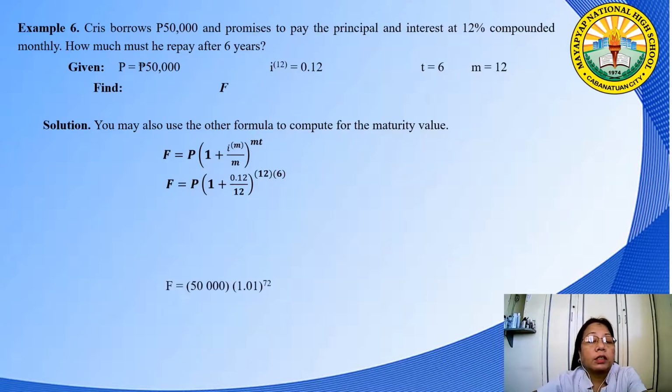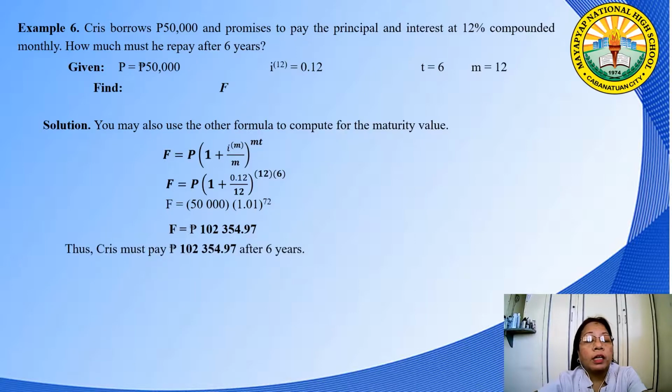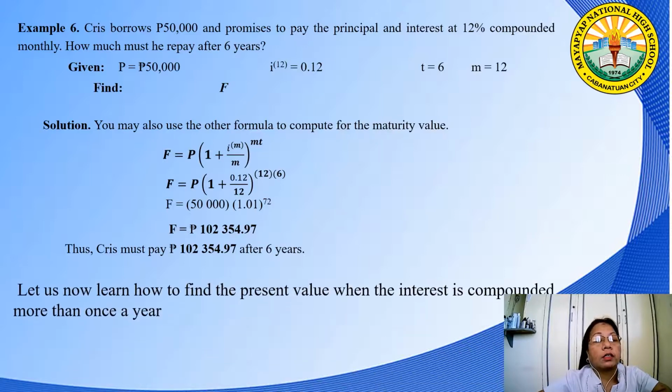So F equals 50,000 pesos multiplied by quantity 1.01 raised to 72. So F is 102,354.97. So thus, Chris must pay 102,354.97 after 6 years.